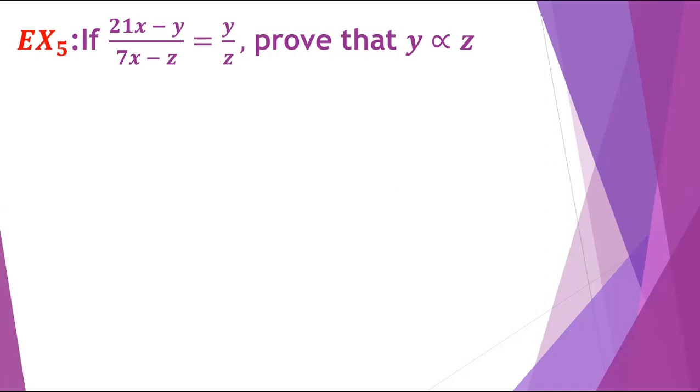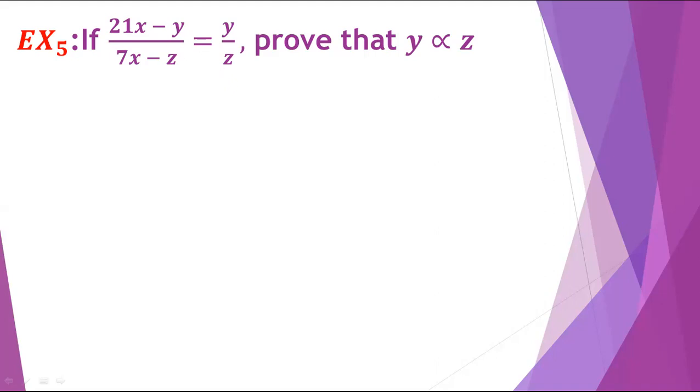In the given, we have a fraction equals a fraction, ratio equals ratio, and in proportion, if you have ratio equals ratio, use cross multiplication.